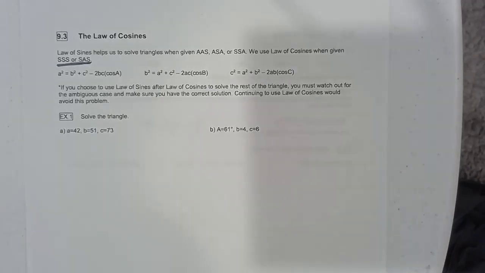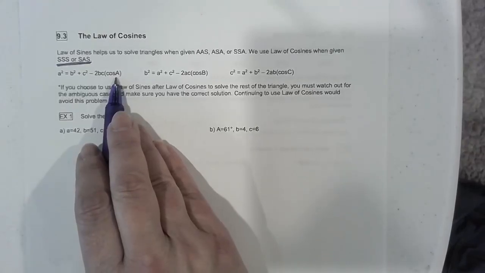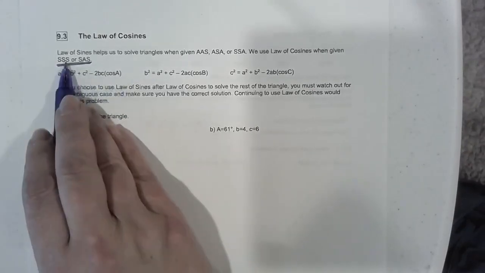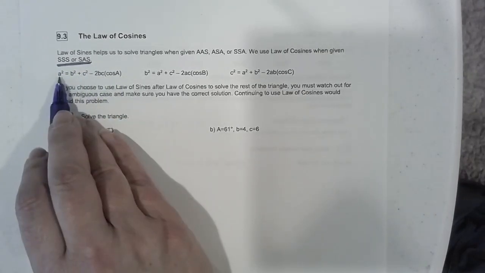So obviously, we are either solving for angle A, angle B, or angle C if it's a side, side, side, or if we have an angle, then that locks us into which formula we have to use. So if you choose to use law of sines after the law of cosines to solve the rest of the triangle, you have to watch out for the ambiguous case and make sure that you have the correct solution.